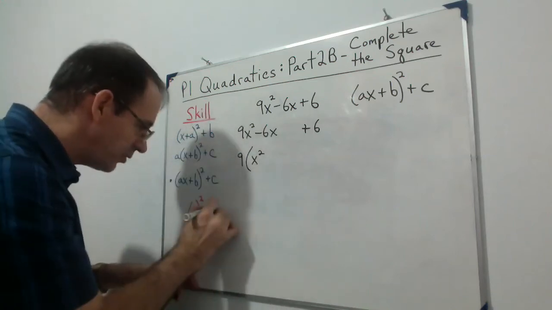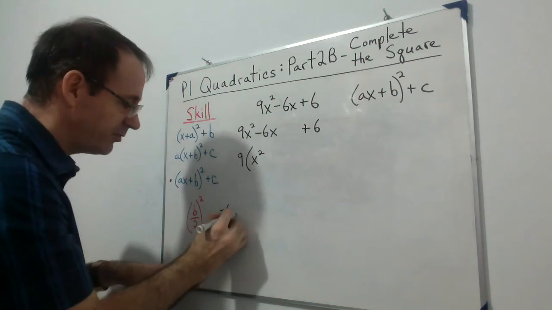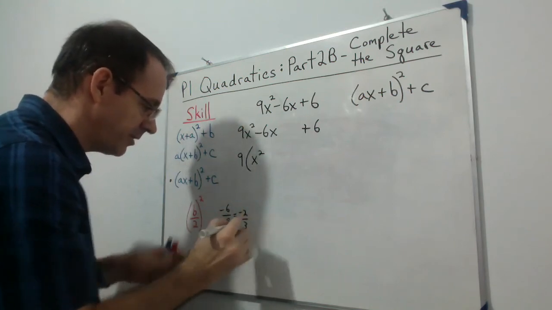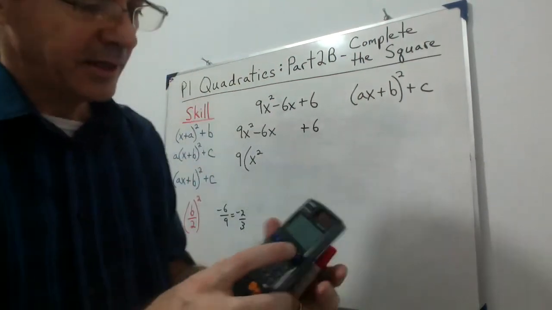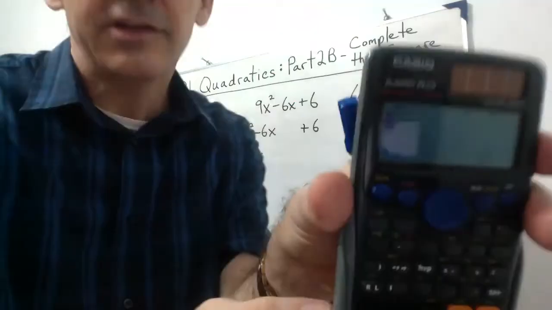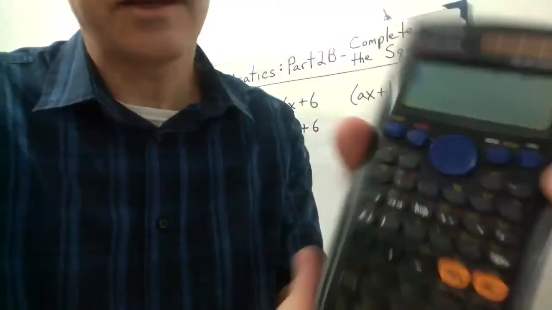If you need to, put negative 6 divided by 9 and reduce it, and you can divide by 3, you get negative 2/3. Or if you need to, you can stick it in your calculator as 6/9. You can use the little bar there and you can hit the equals.